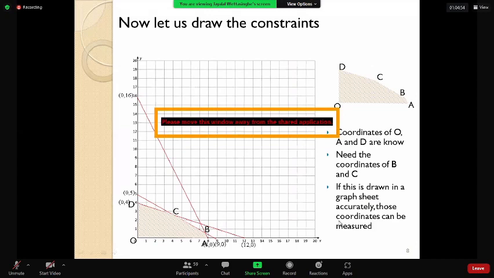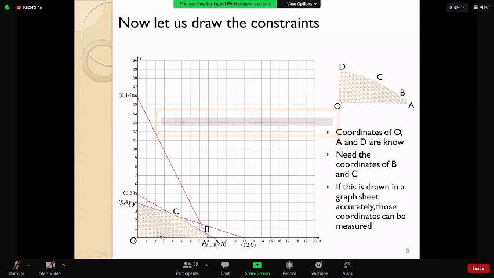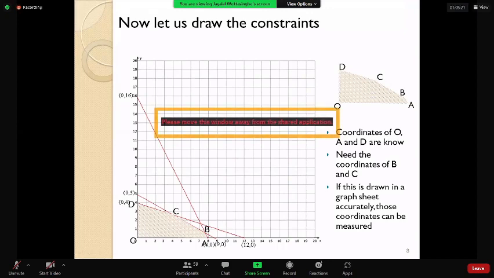If not, what can we do? If you want to find the coordinates of C, what is the method that you can use? Can you tell me, just from your O-level mathematics knowledge, how you can find the coordinates of this point C? Anyone has any idea?